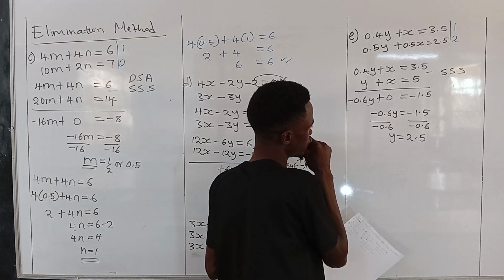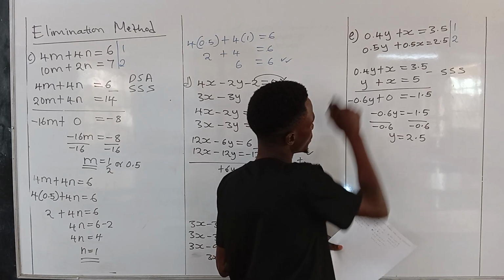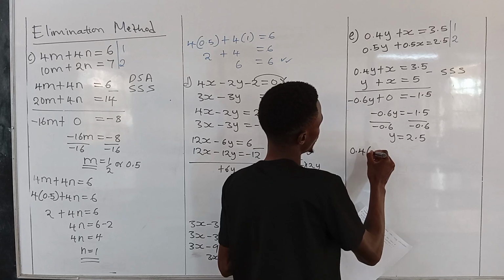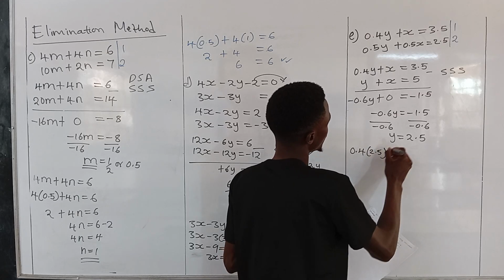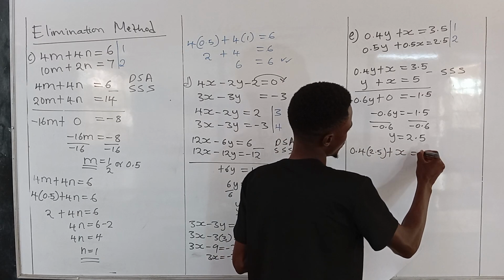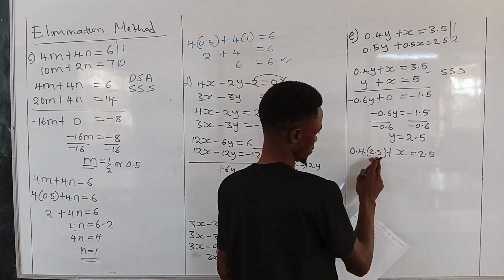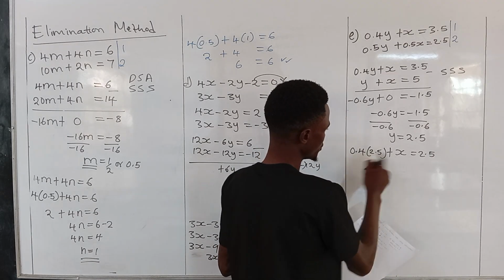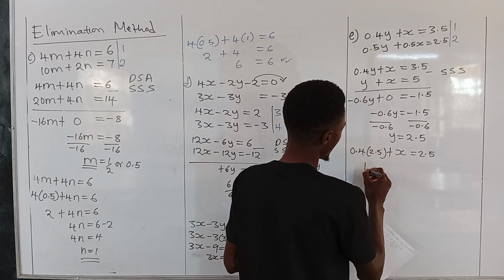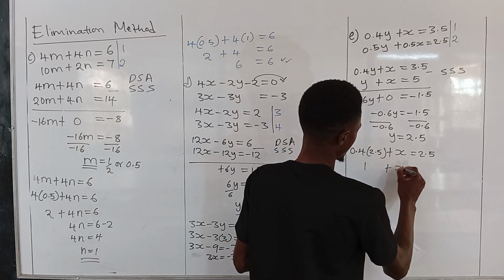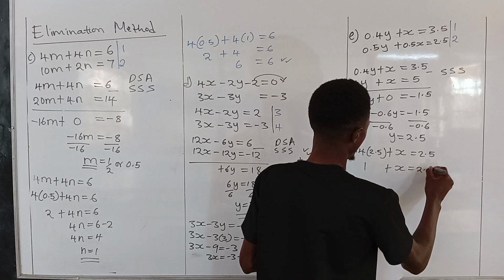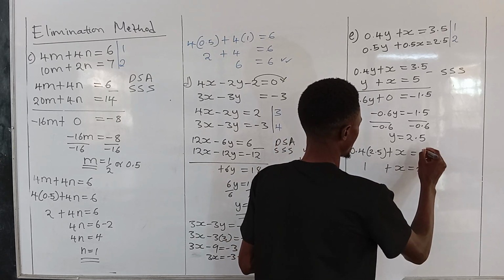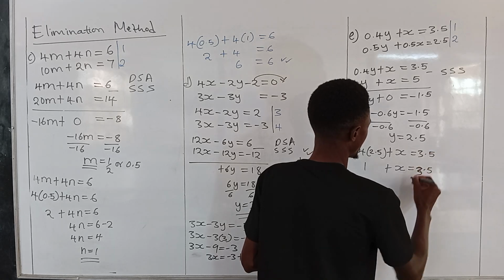So the next thing you do is replacing the value of y. If you replace in the first equation, 0.4 into 2.5 plus x is equal to 3.5. Not 2.5, sorry, it is 3.5 here. So this one is going to give us 0.4 times 2.5 is going to give you 1, plus x is going to give us 3.5.